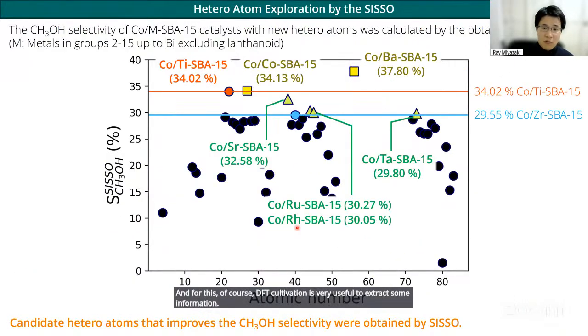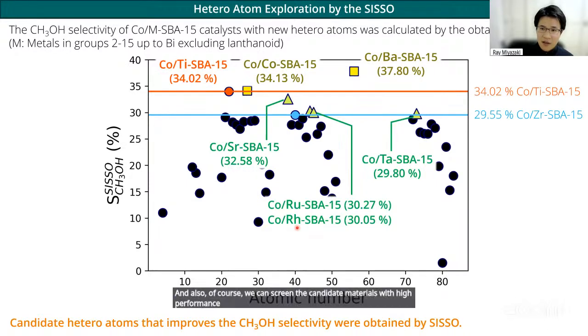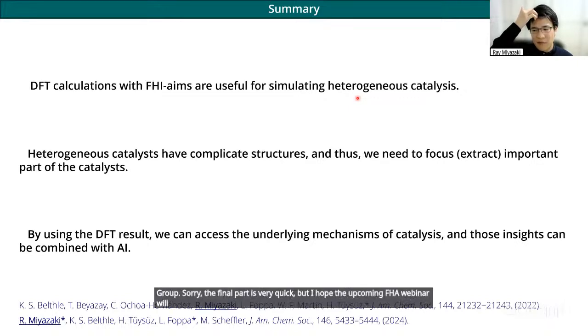And also, of course, we can screen candidate materials with high performance by using an AI model with low acquisition cost data, and then we can quickly screen or predict the catalytic performance of the candidate materials, and then propose new materials for the experimental group. Sorry, the final part is very quick, but I hope the upcoming FHI webinar will focus on more detail about the AI approach for heterogeneous catalysis.